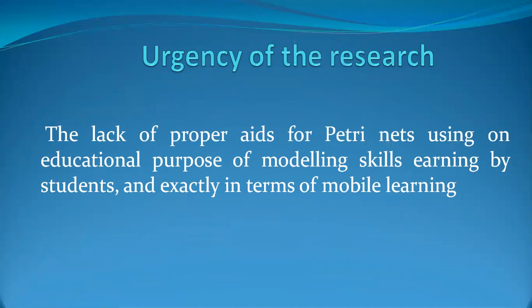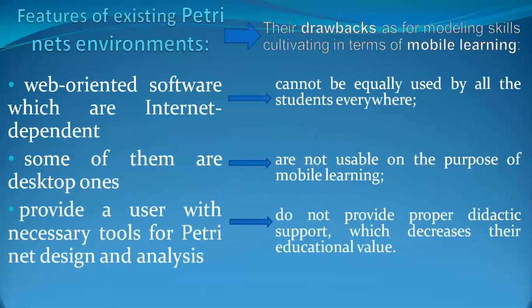In particular, the analysis of the existing environments testifies that all of them are mostly web-oriented software, which is internet dependent, so they cannot be equally used by all students and everywhere. Some of the current applications are desktop ones and hence are not usable for the purpose of mobile learning.